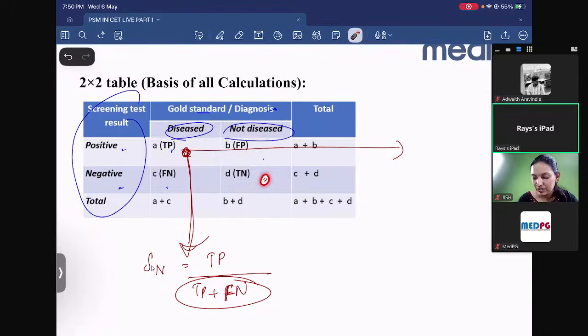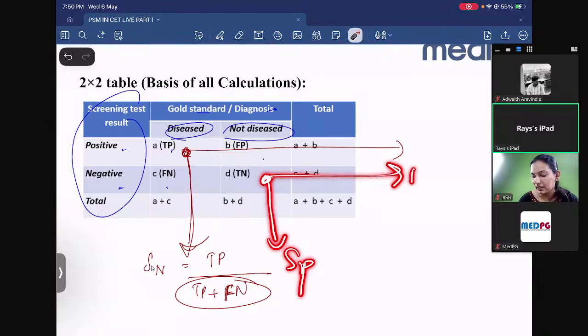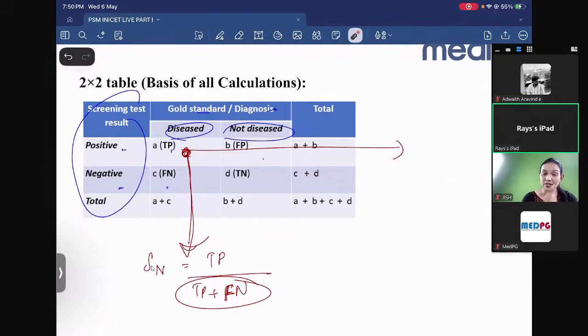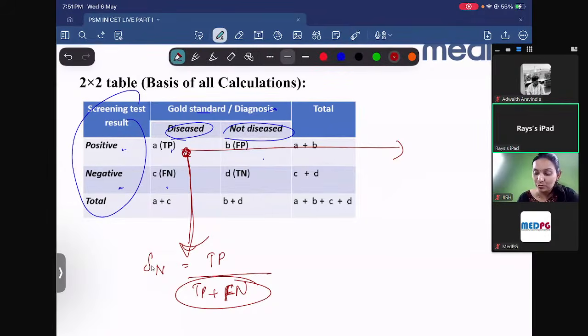Similarly, if I start from true negative and draw like this, it will give you the specificity, and this is my negative predictive value. This is an easier way to do calculations if you are lacking time, and you can also use it to check. So this was sensitivity. PPV is true positives divided by all test positives, right?